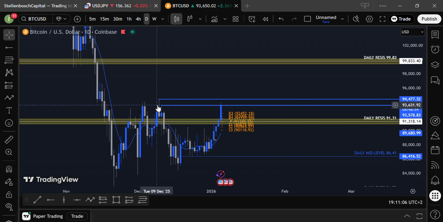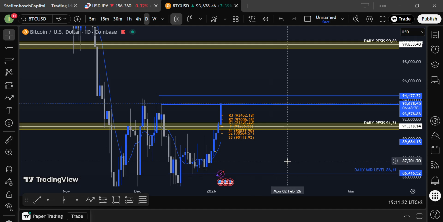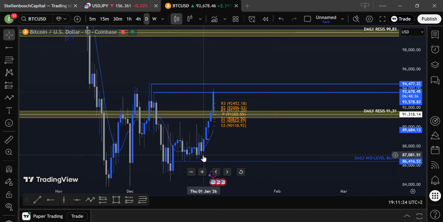High, low, high, low, price broke below that high low. That's a low, lower high, low, lower high, low. This candle did not break below the previous low.